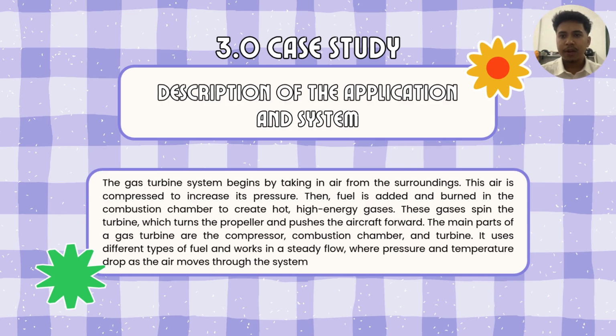The main components of the system are the compressor, combustion chamber, and the turbine. Gas turbines use various types of fuel and operate under steady flow conditions with pressure and temperature decreasing from high to low.